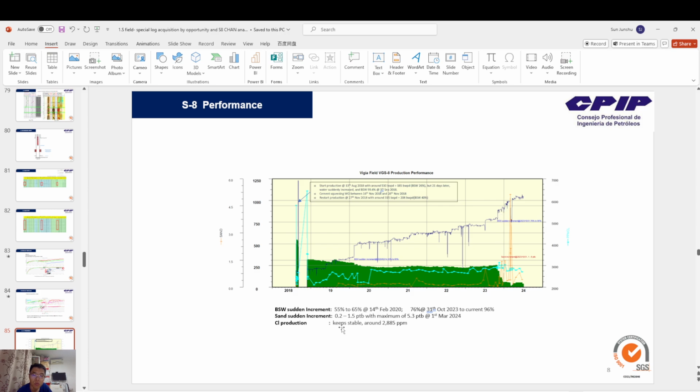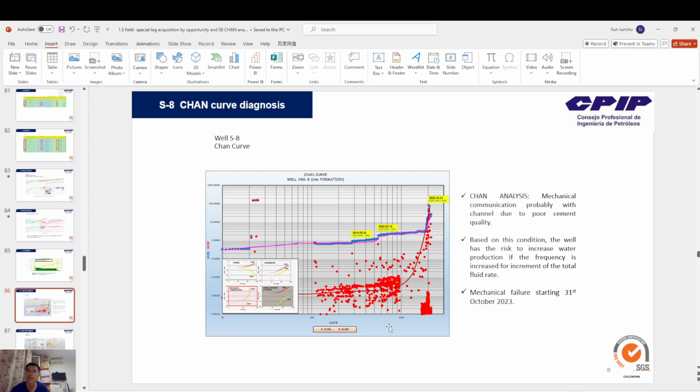Sand production around 0.2 to 1.5 ppb. Chloride production keeps stable around 2,885 ppm.